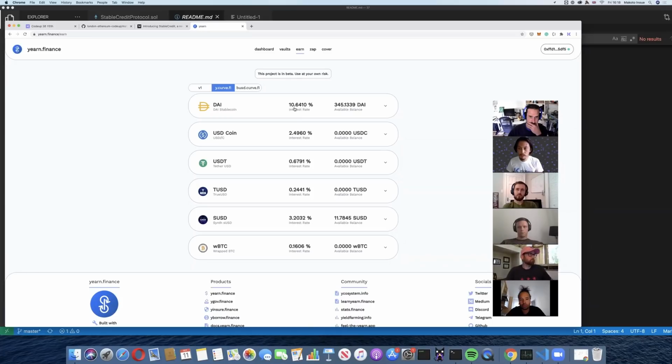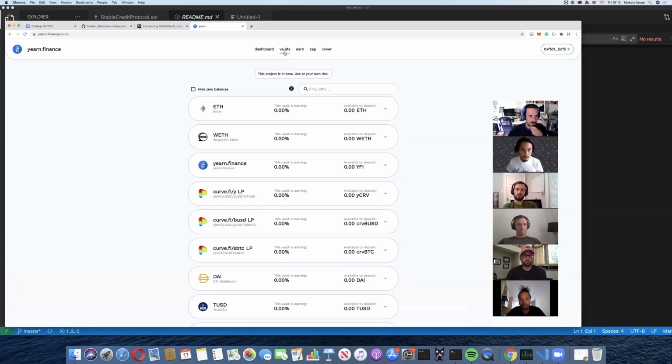This was the first interesting one, but now I think what's interesting is vaults. Curve is also a mind-boggling thing, but it's kind of an amalgamation of various stable tokens, and it gives a lot higher earning.